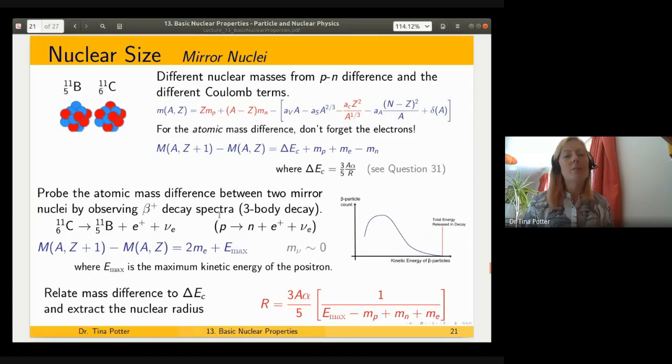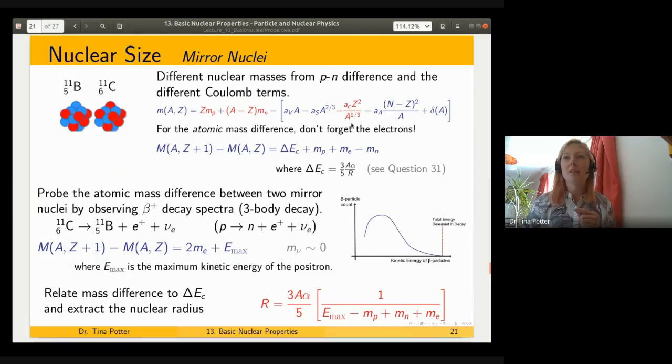So we measure the beta decay between carbon 11 and boron 11. And we can find the end point in that positron energy as the total energy released in the decay, i.e. when all of the energy has gone to the positron rather than the neutrino, and relate that to the difference in the Coulomb energy.